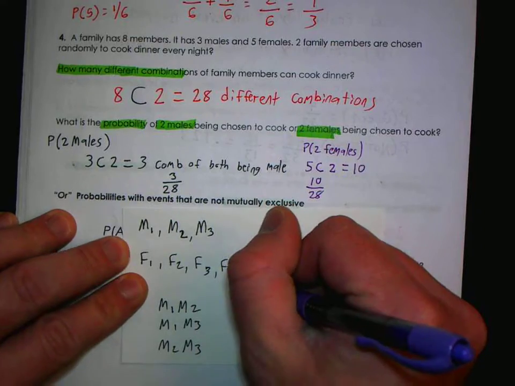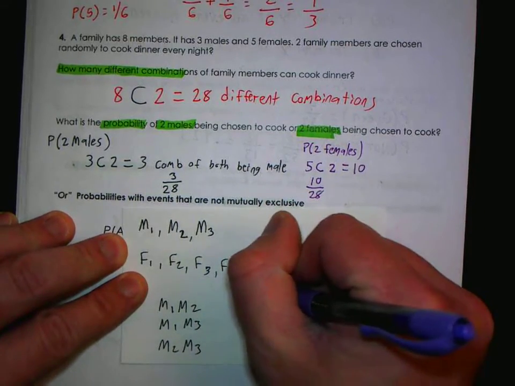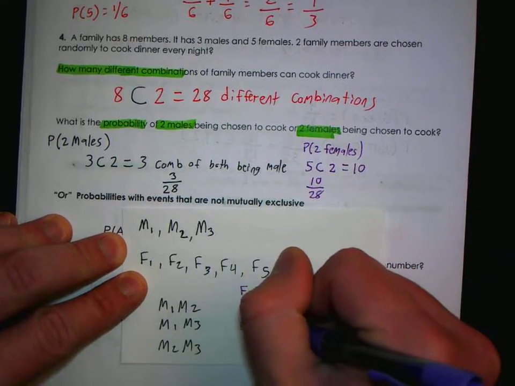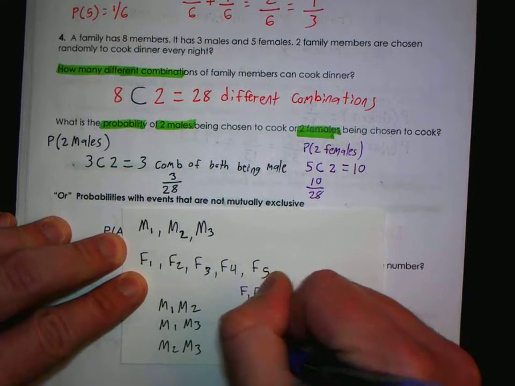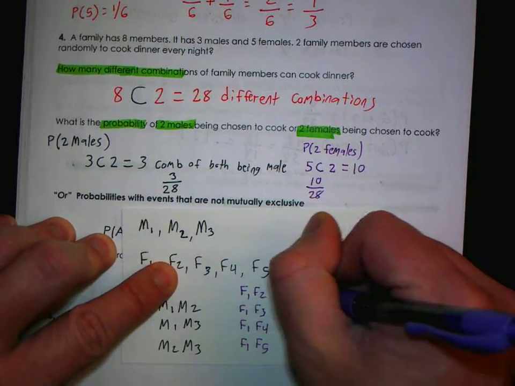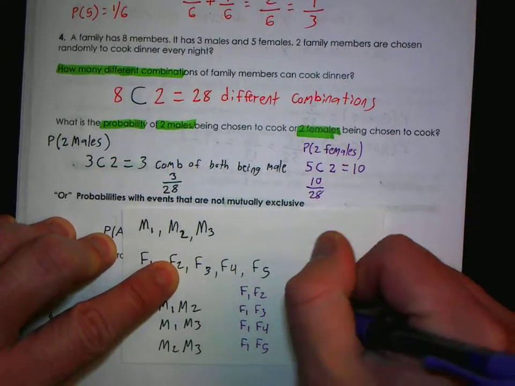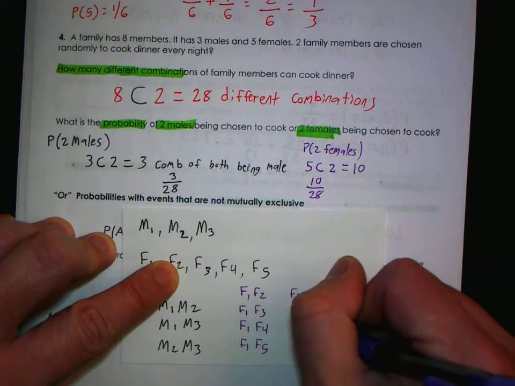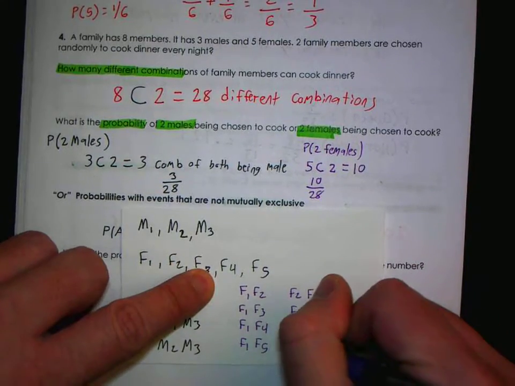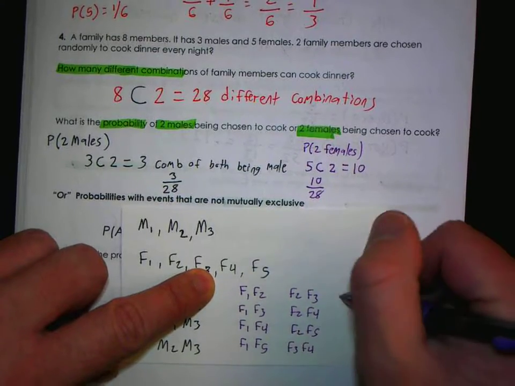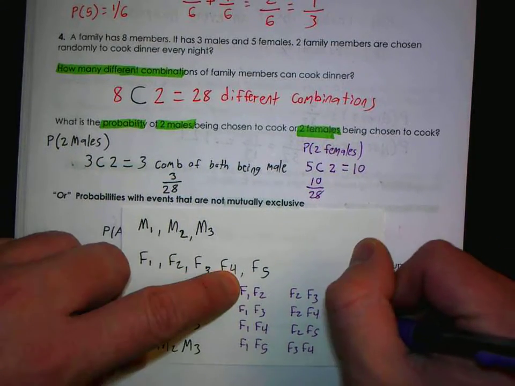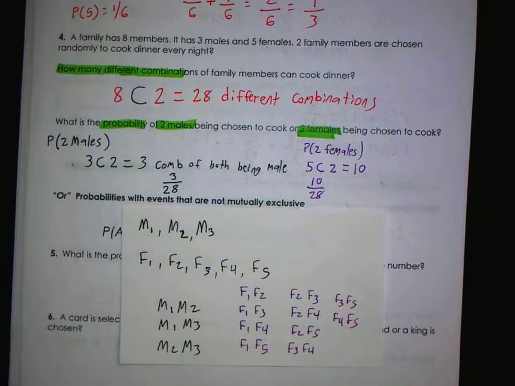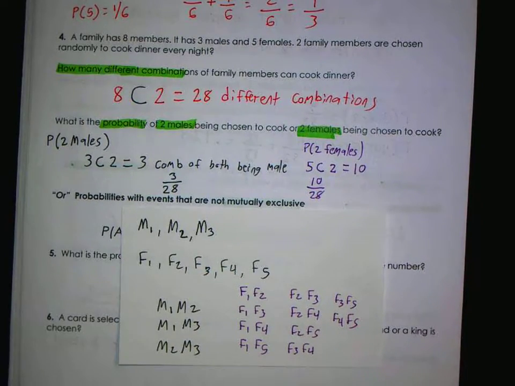So we could list those real fast. It could be female 1 with female 2, female 1 with female 3, female 1 with female 4, female 1 with female 5, female 2 with female 3, female 2 with female 4, female 2 with female 5, female 3 with female 4, female 3 with female 5, and female 4 with female 5. 10 combinations of both being female.